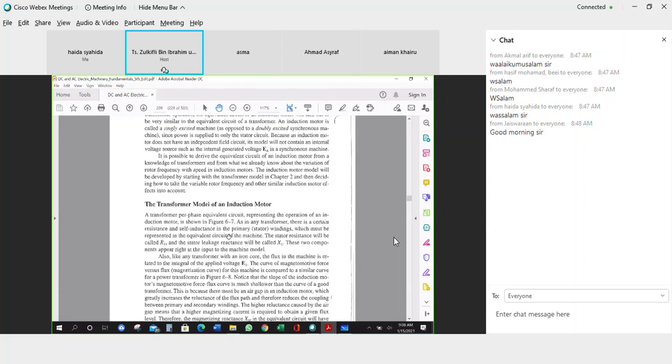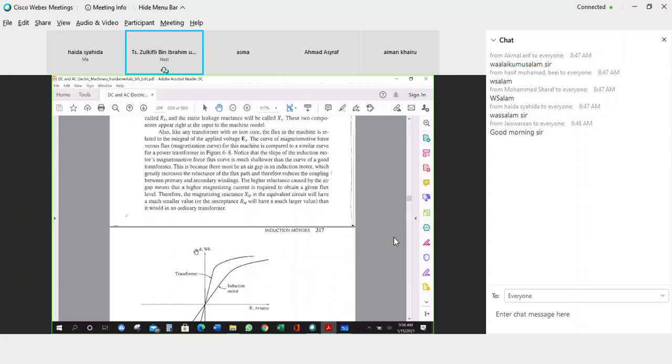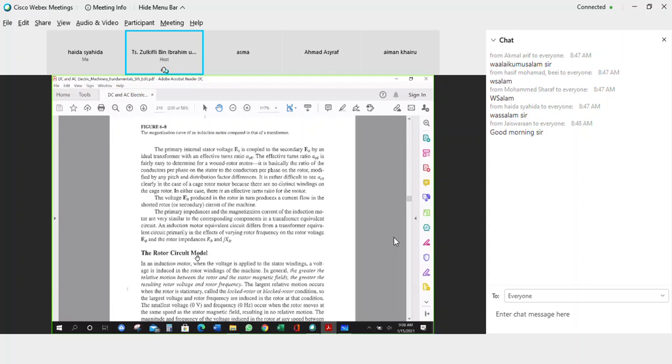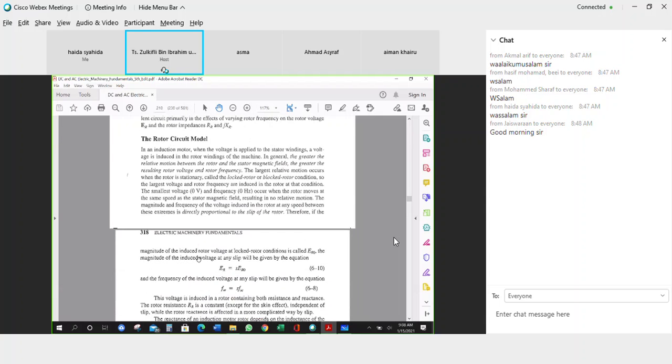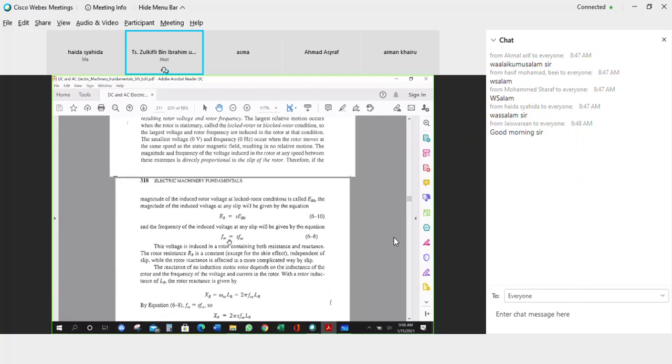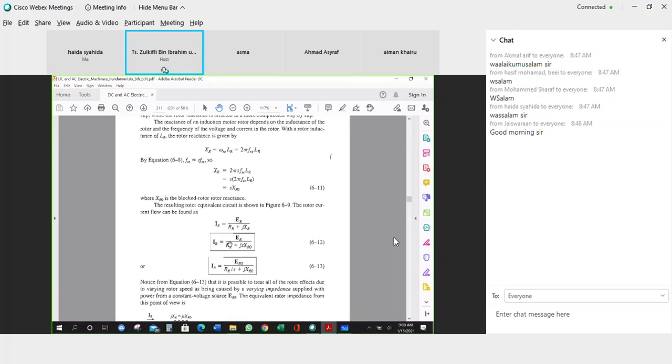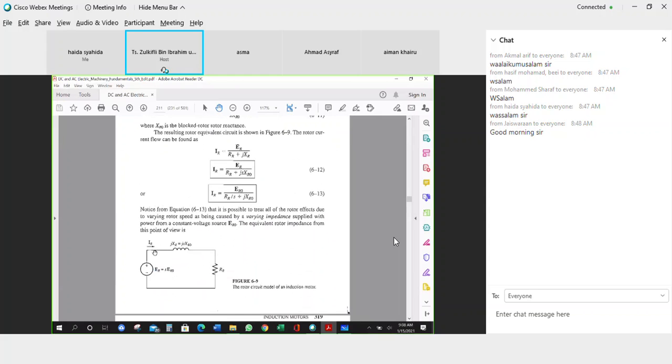And then when the machine is running, because this is an asynchronous machine, you will have slip, right? So you will have slip. Now we can simplify the circuit by replacing jX_R, which equals S X_R0.